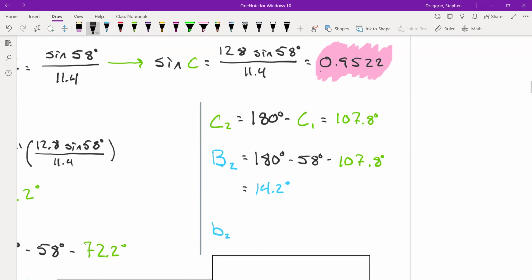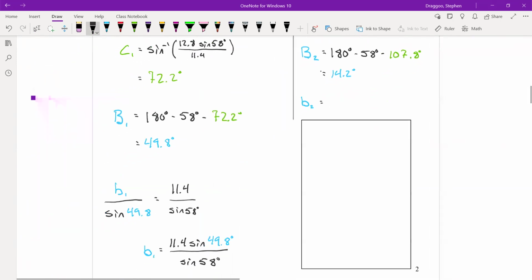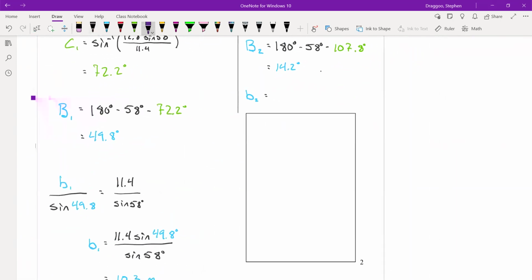Side B2. Well, I've already done most of the work. I might even still have this entry in my calculator. Let's try that one more time. So this work right here is the work I need for side length B. 11.4 and 58 degrees are all part of the given information. The only thing that's changed is the measure of angle B. So I'm just going to grab that and paste it up here.